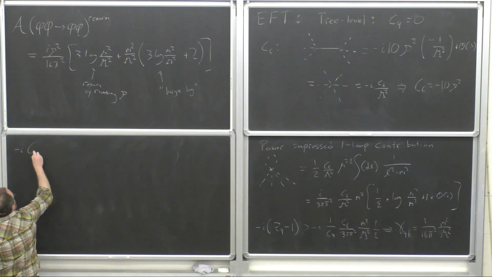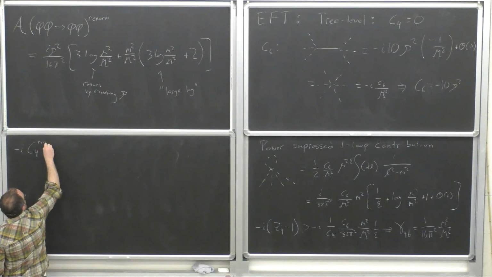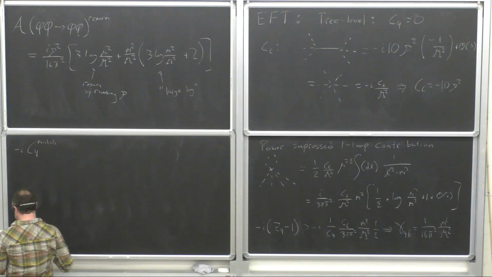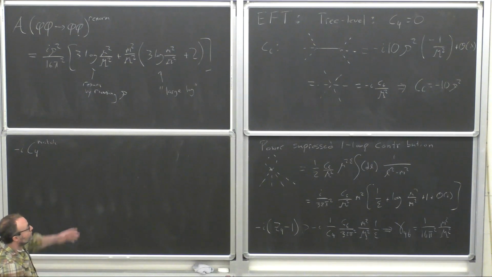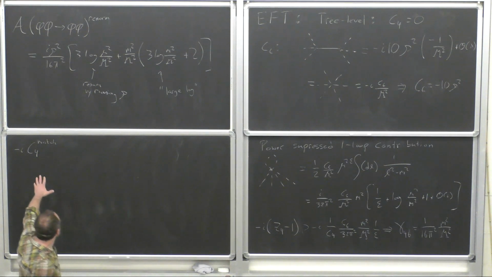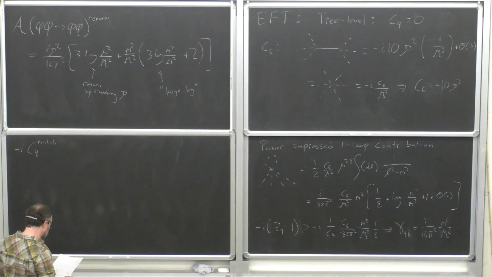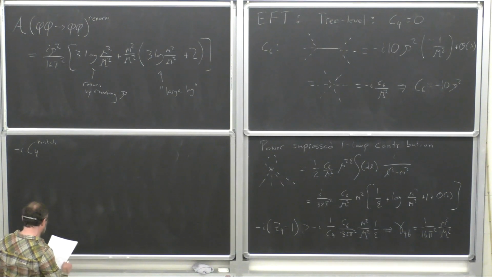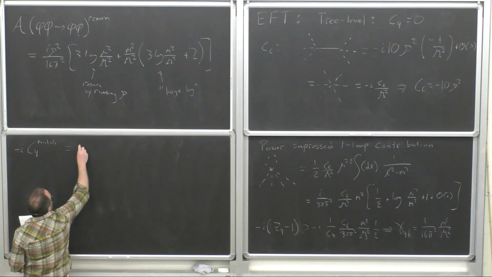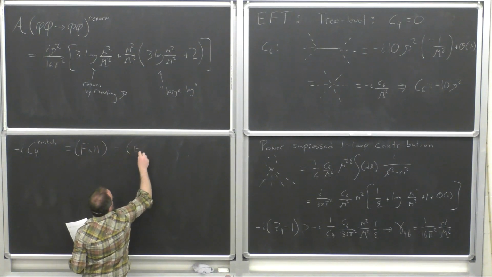Minus i C4 match at one loop. Okay, so you can, if you like, the tree level contribution to C4 was 0. Now we're computing the one loop contribution through taking the difference of these two loop calculations. So this we're going to get from taking the full result minus the EFT result.